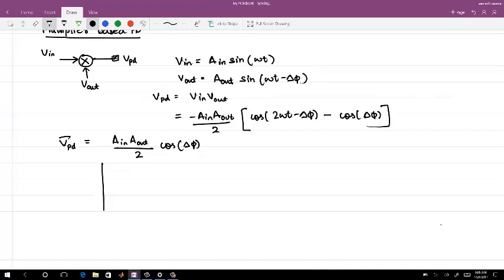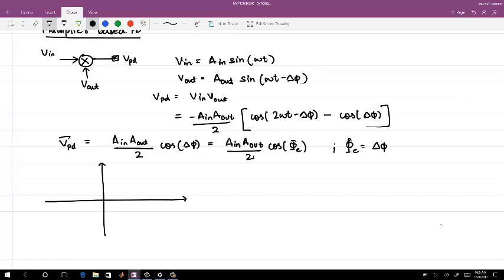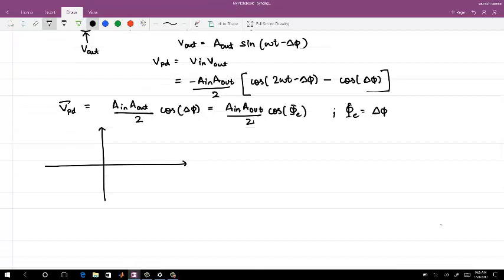Now if I plot the input versus output characteristics of this phase error detector, let me just say I am writing the phase error as A in A out by 2 into cosine of phi error. Let's just call it phi error. I'm just using this as phi error is equal to delta phi.